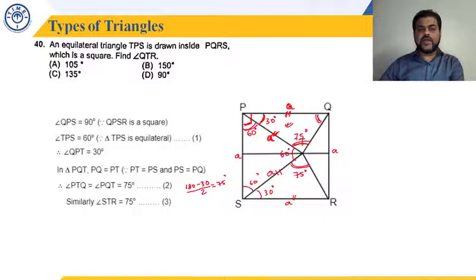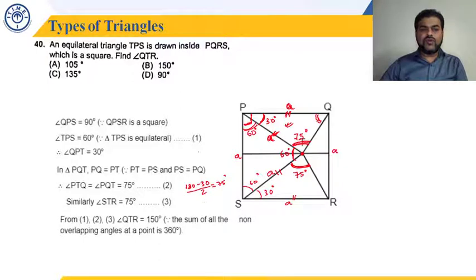So similarly, angle STR is also 75 degrees. And if you consider this point, then around this point, the sum of all the angles must be 360 degree. Out of which we already know this angle, this angle, and this angle. So from 1, 2 and 3, angle QTR must be 150 degree.